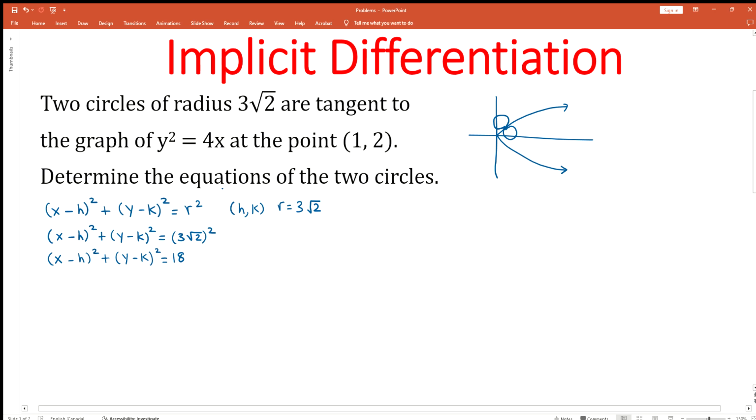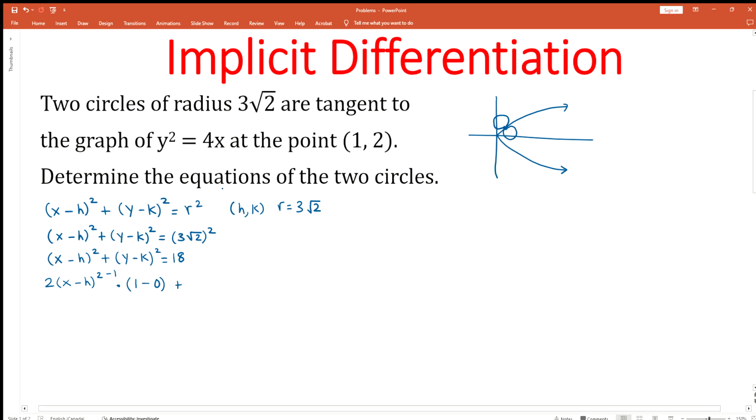We have to use the power rule. We move the exponent 2 to the front of the term and subtract 1 from 2 in the exponent, times the derivative of the inner function x minus h. The derivative of x with respect to x is 1. h is a constant, so its derivative is equal to 0. This is the derivative of the first term.